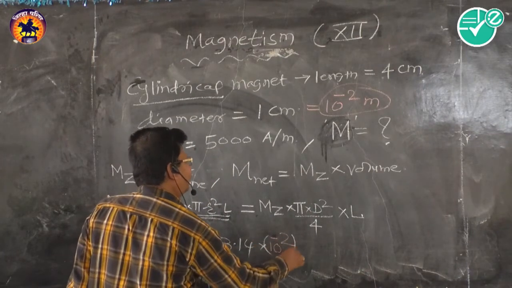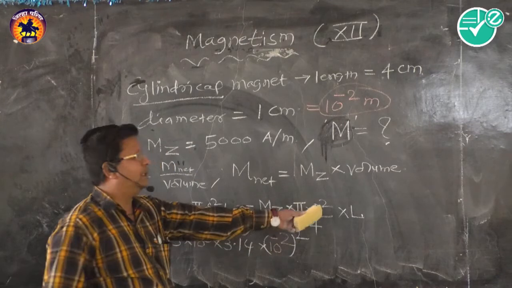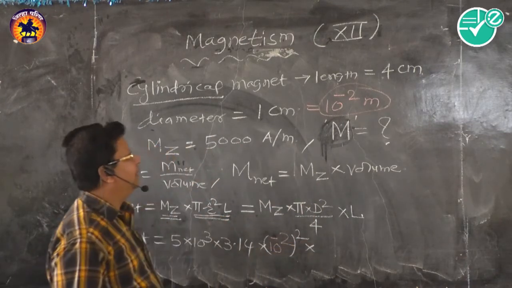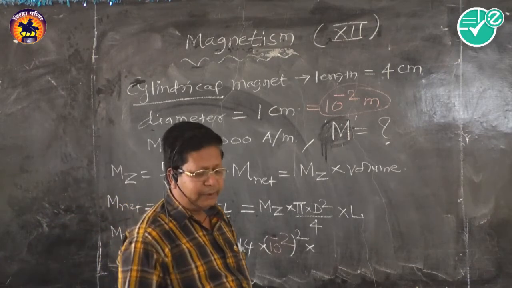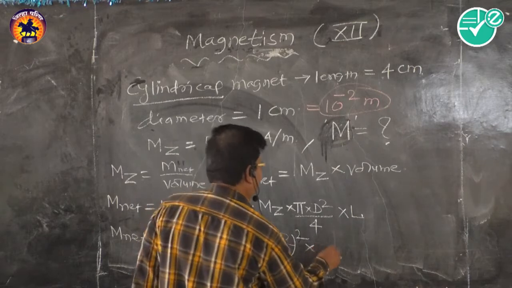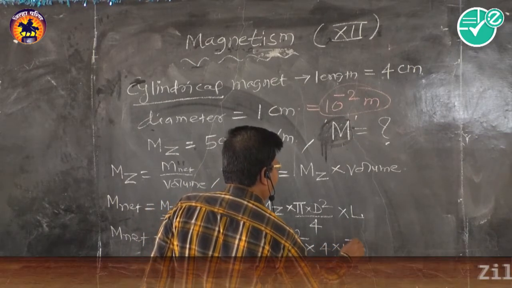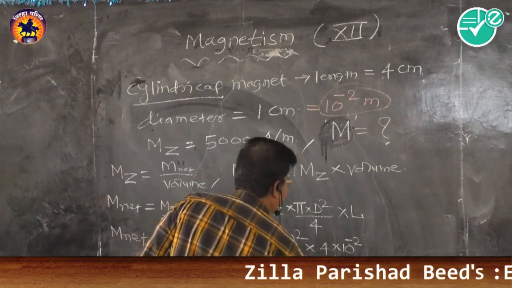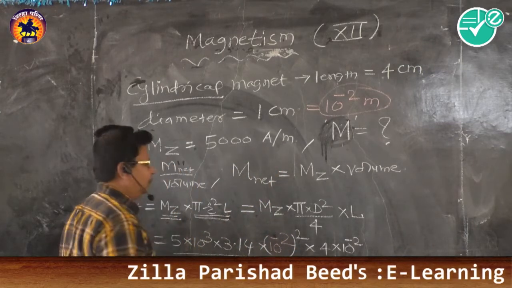And its square, d square divided by length. Length is given 4 centimeter, and 4 centimeter is equal to 4 into 10 to the power minus 2 meter, and total divided by 4.